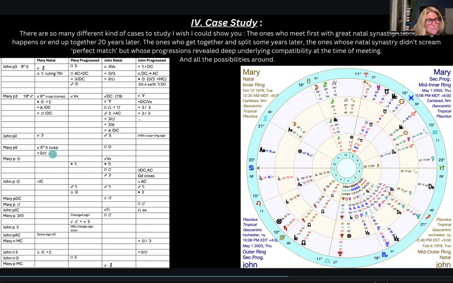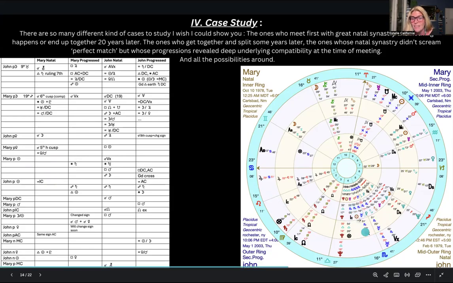Then we have also, okay, Mary's progressed Venus, you have it here, her progressed Venus here is equal to her natal Venus Mars midpoint here. They just came to meet together. Then we have Mary's progressed Sun. So her progressed Sun, just at that time, aligns with the natal vertex of John.